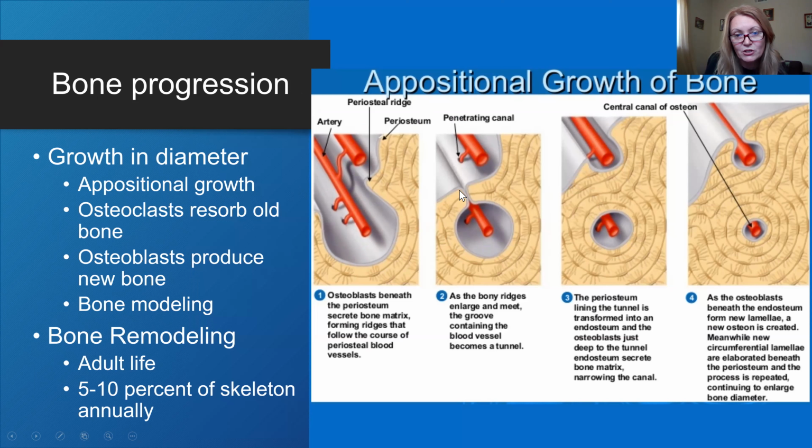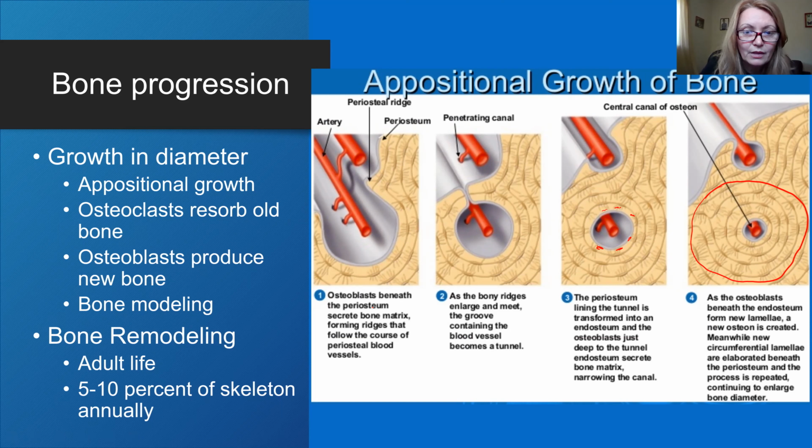And when those bony ridges meet, we have this groove containing blood vessels. Now these osteoblasts right here deposit more bony matrix, and this canal becomes narrow, and you form a new osteon. So here a new osteon is formed.